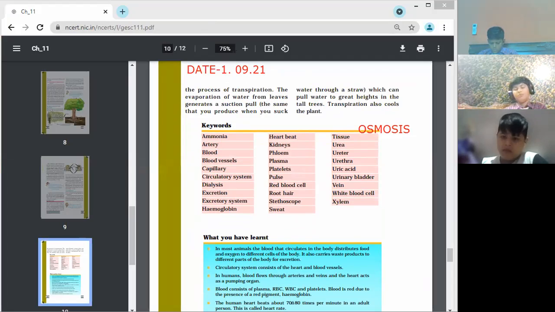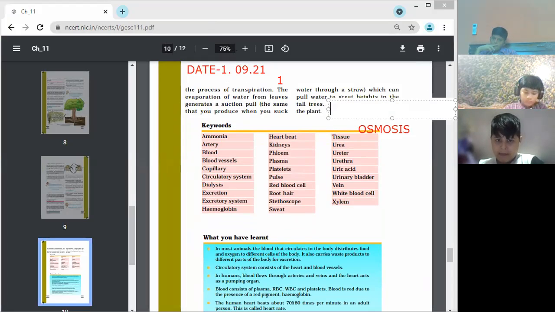First function you can write down: evaporation of water from the leaves generates a suction pull. Here you can write point number 1, and second is that transpiration always cools the plant. So these are the two points.